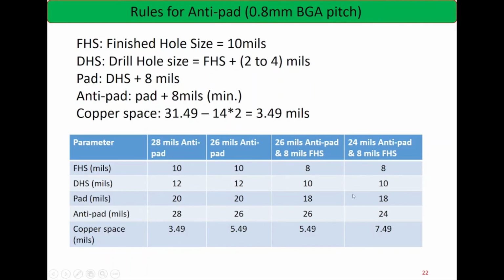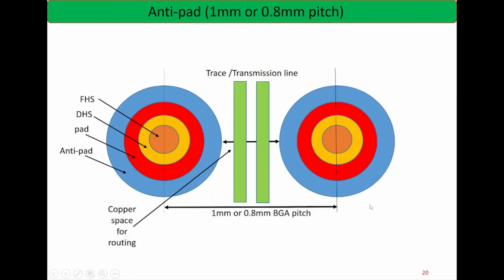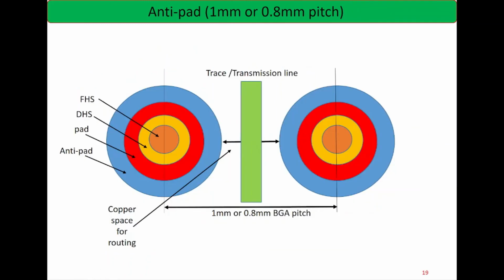To reduce the anti-pad, you can reduce the FHS as well, so you can use this one. Then you will have about 7.49 mils if you do the calculation, 7.49 mils for a single transmission line to pass through.